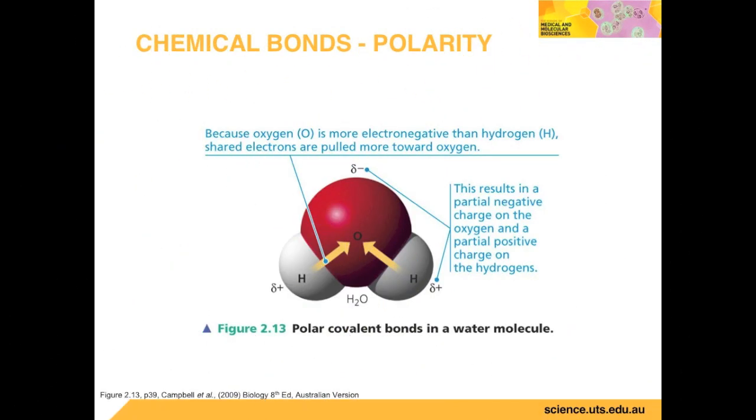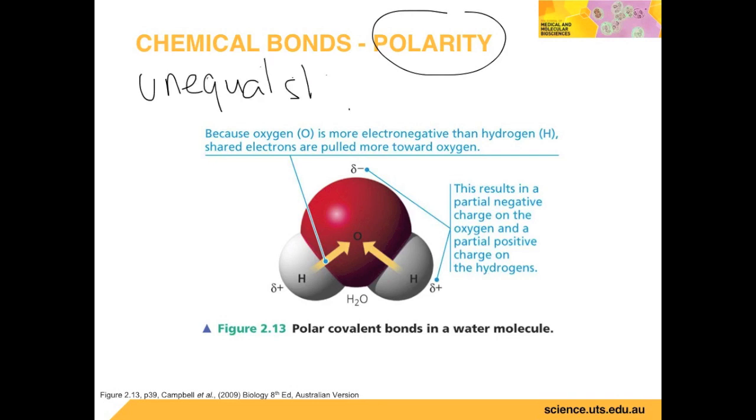Now, when you've got a covalent bond, we get polarity. Polarity is unequal sharing of electrons.